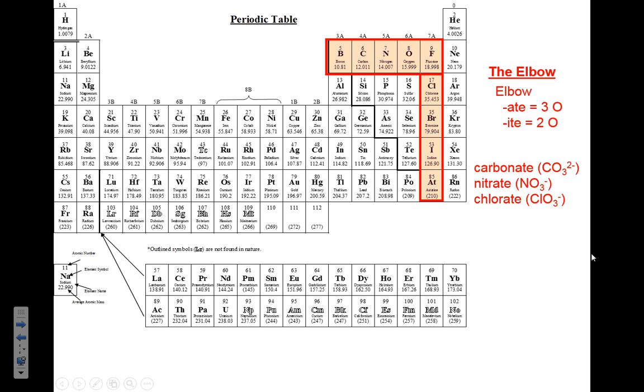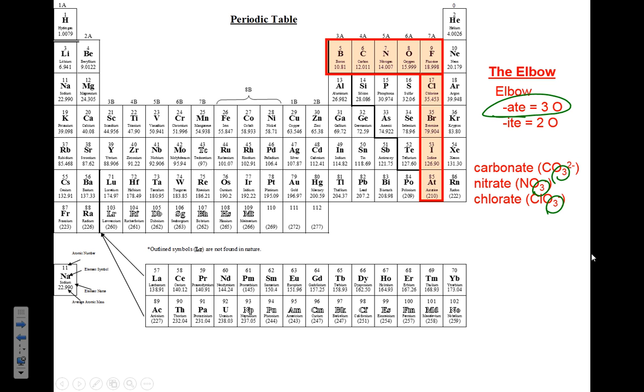So carbonate has to be CO3, 2 minus. Nitrate would be NO3. Chlorate would be ClO3. Notice they each have 3 oxygens, which is exactly what this is all about. So I now know that the -ates of all of these, because they're in the elbow, always have to have 3 oxygens.